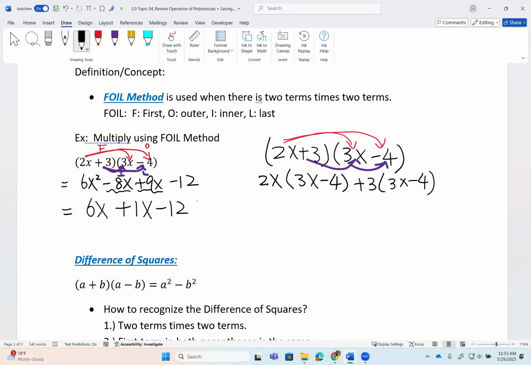This final answer, 6x squared plus x minus 12, is actually a true trinomial answer. The middle term of the answer, the 1x, actually comes from the inner and the outer combined.